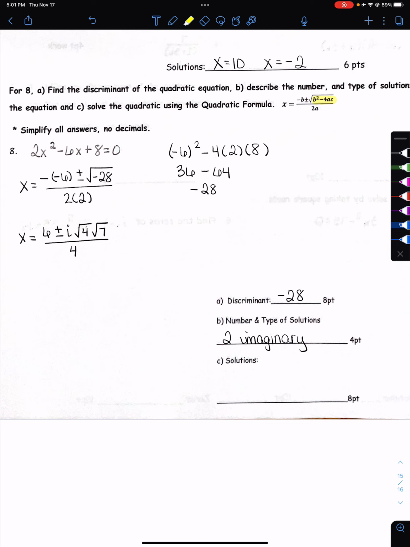So to simplify that even further, x equals 6 plus or minus 2i, because the square root of 4 is 2, radical 7 all over 4. x equals 6 plus or minus 2i radical 7 divided by 4.